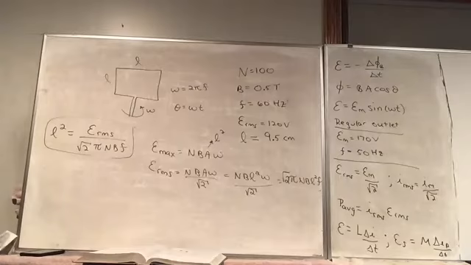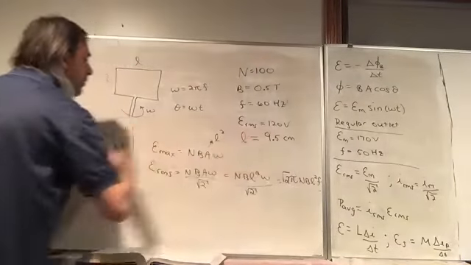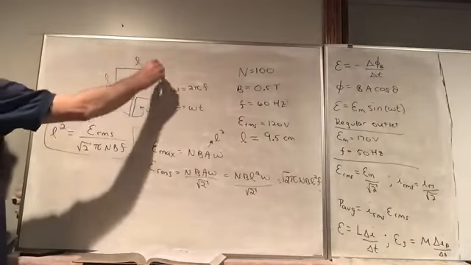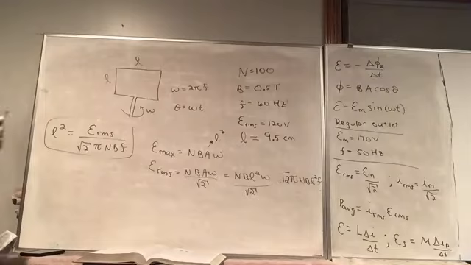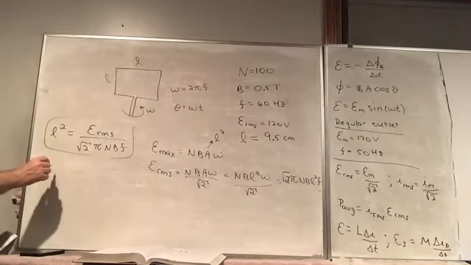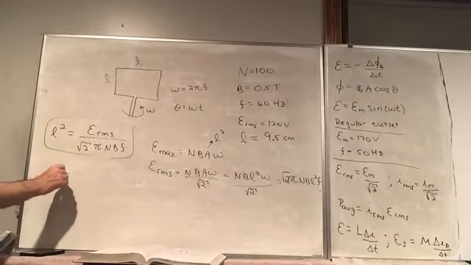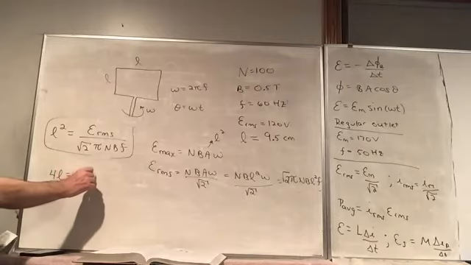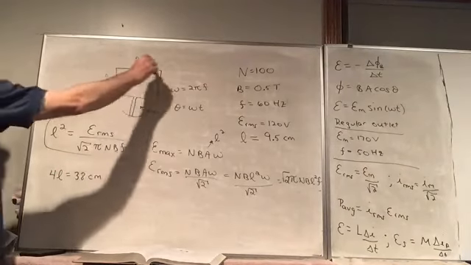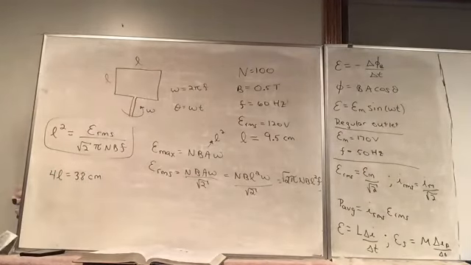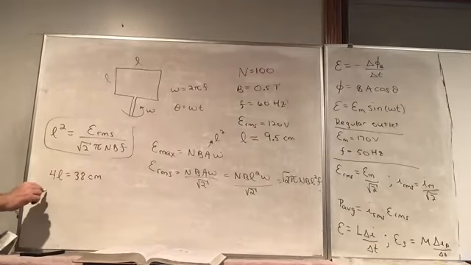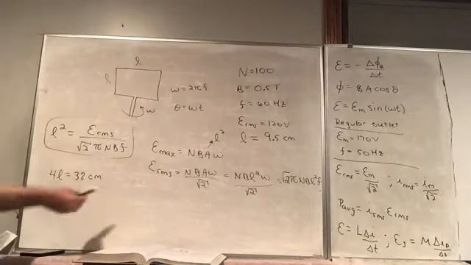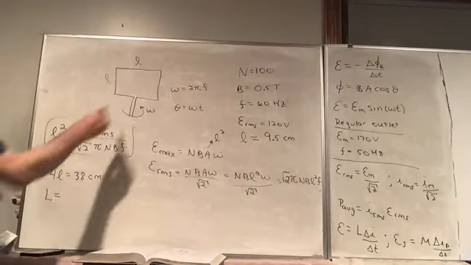Okay. So L, I had 9.5 centimeters. So if we multiply this by 4, going all the way around the square, 9.5 times 4 would be 38. So just going around this square once, that would be 38 centimeters. And so let's say capital L is the length of the entire wire, but we have 100 loops.